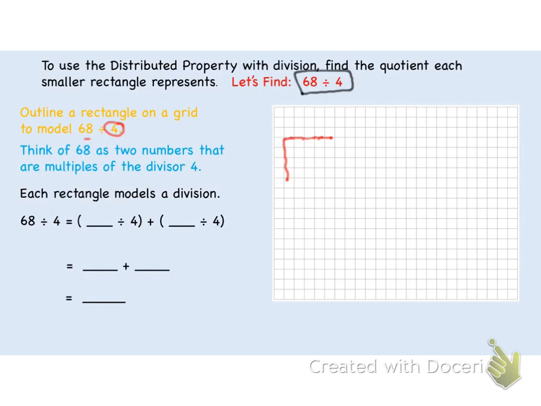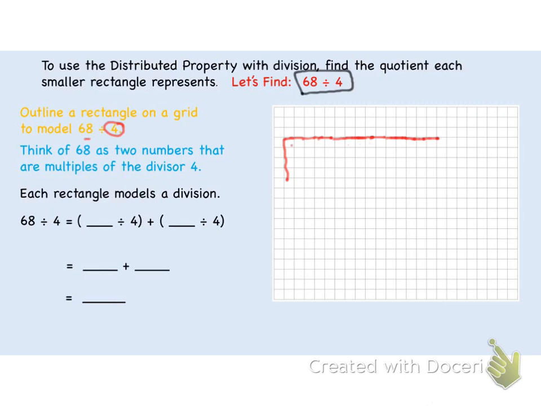So if I want to get 60, I go 5, another 5, 1, 2, 3, 4, 5. And that gives me 20, that's 40. I got to go another 5. 1, 2, 3, 4, 5. All right, let's check.